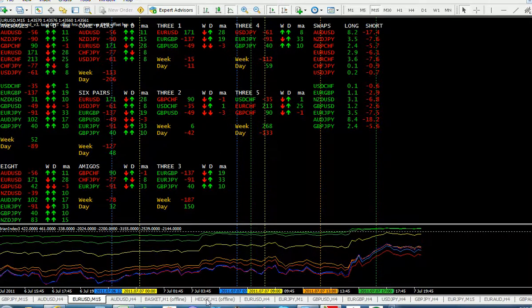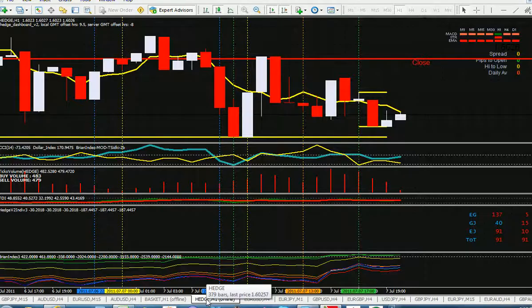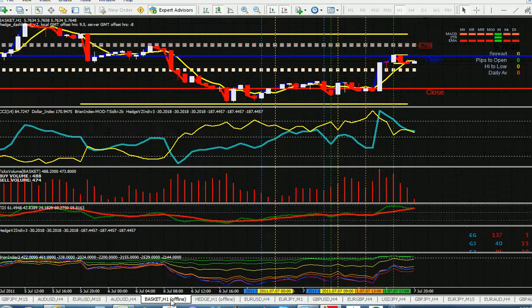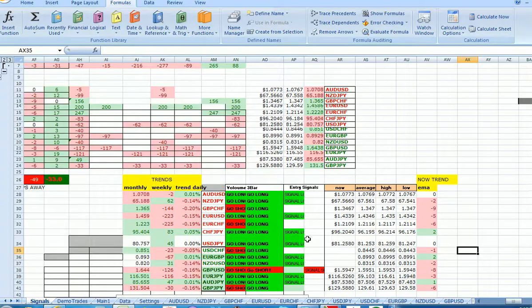We want to look at the hedge is going up and the basket's going up. Here the monthly, the weekly and the daily trends are all long. The daily trend has an 80% chance, and the EMA is at 2.